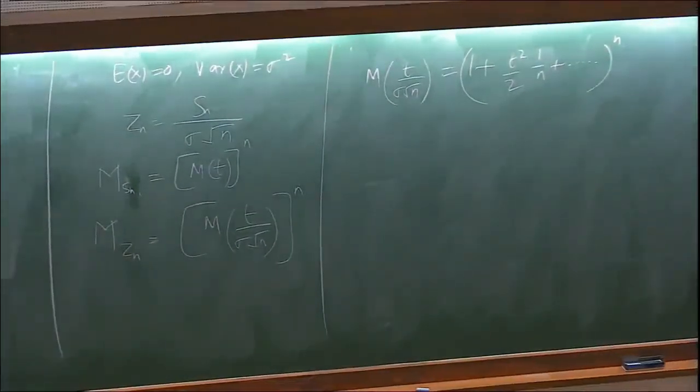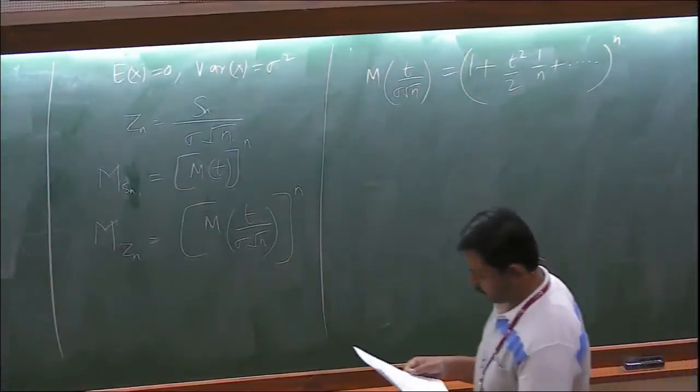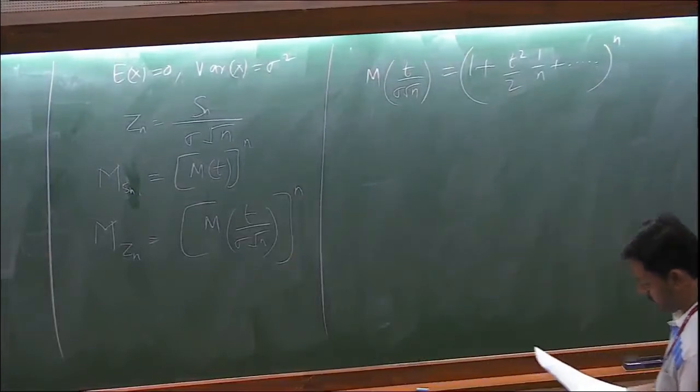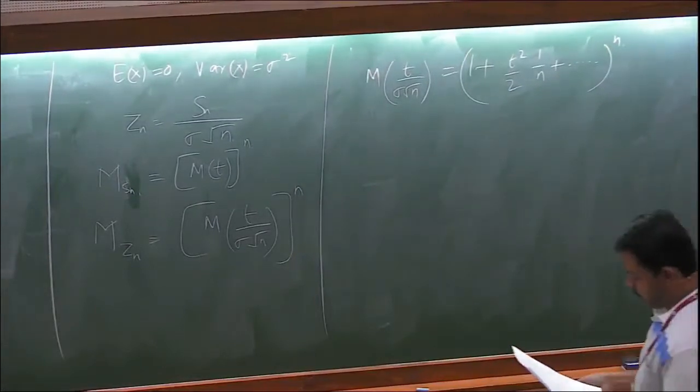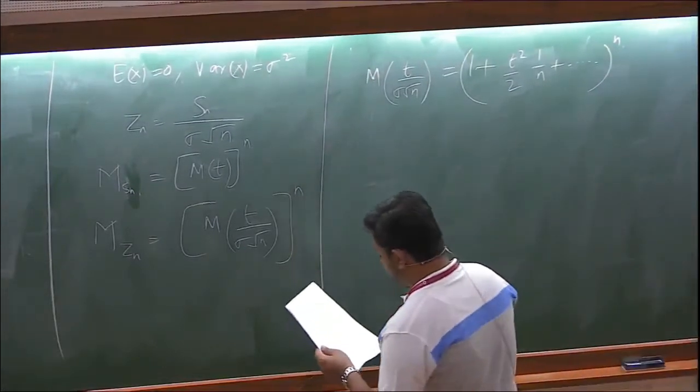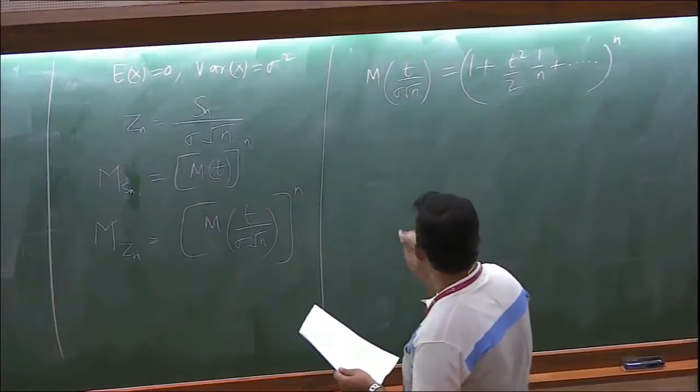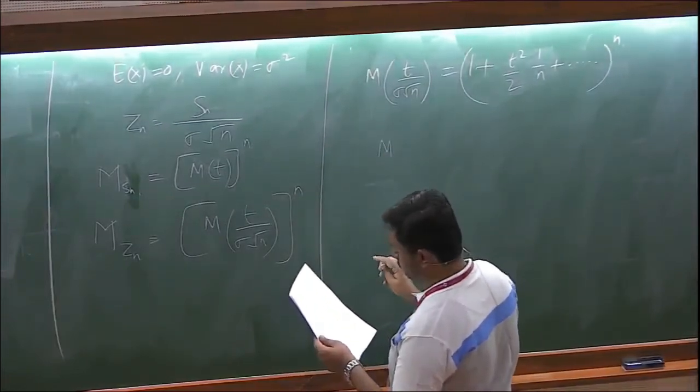A simple calculation using the fact that the variance is sigma squared and the expectation value of each x is 0. It's not a rigorous derivation. This is just a hand-waving argument to show that this will turn out to be the Gaussian.